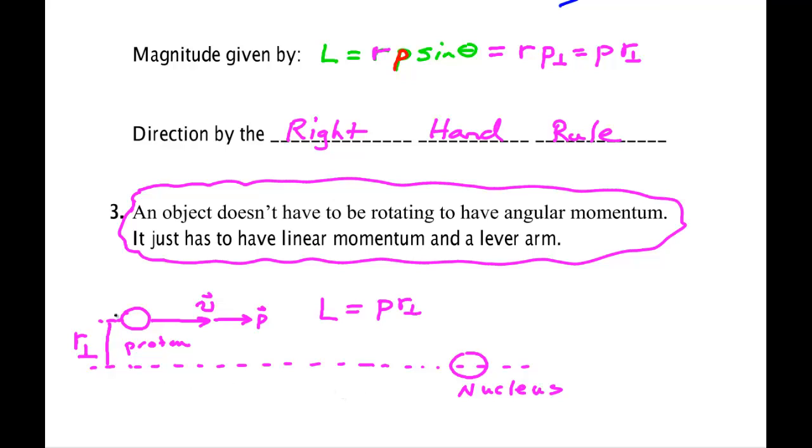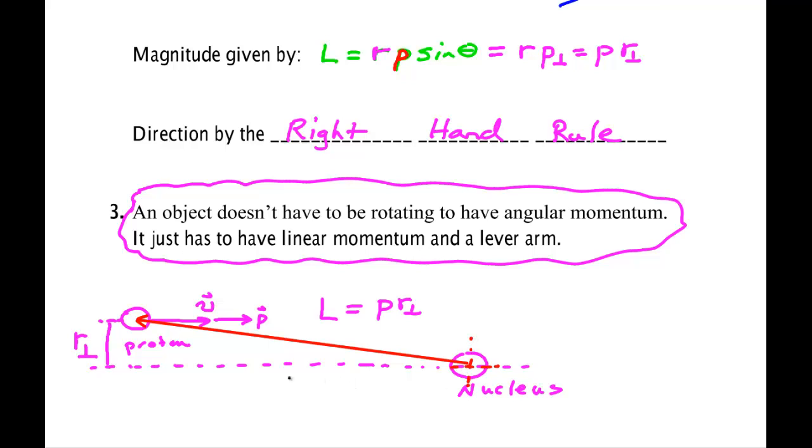Notice how I chose to use this distance rather than what you might think I would use, which is the distance here. I'm not going to use that for r, though I know that's the r for an axis right here.